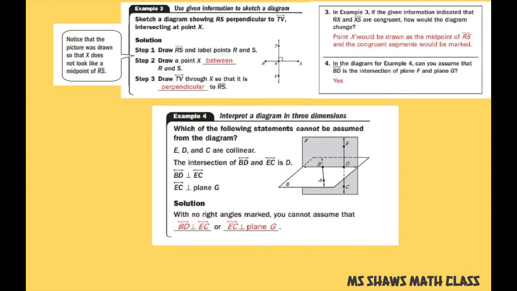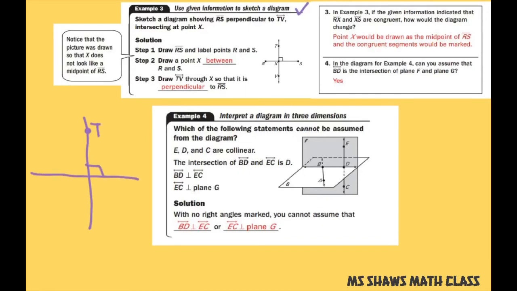And finally, it says, in example 3, so we already did this. If the given information indicated that RX and XS are congruent, how would the diagram change? So basically, let me draw it. This is perpendicular.